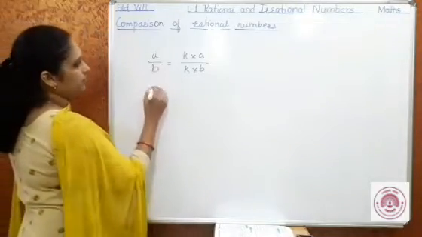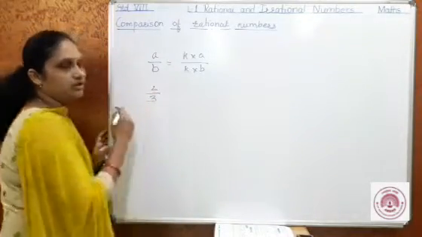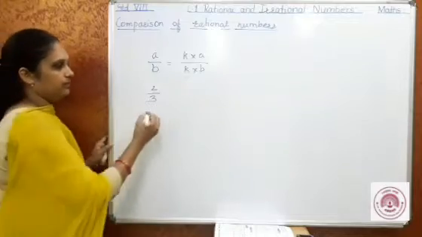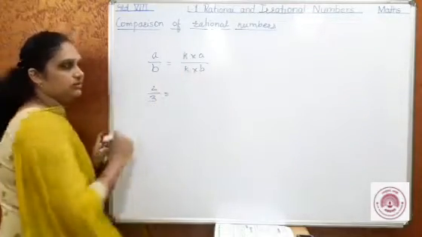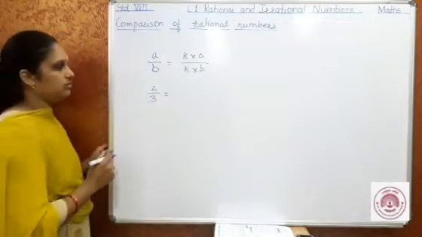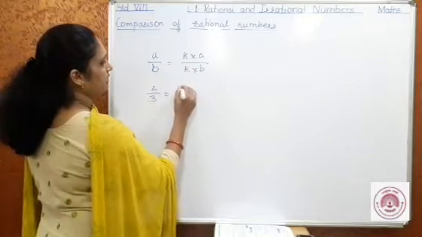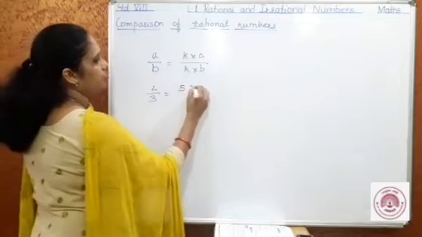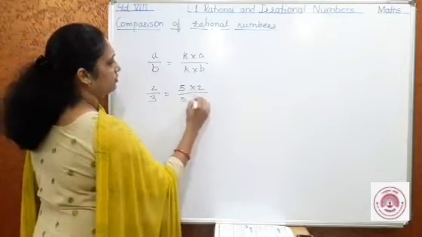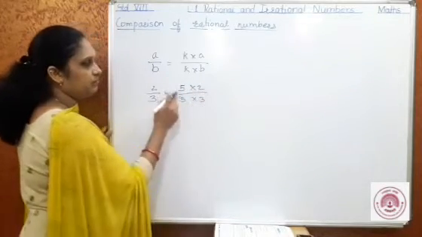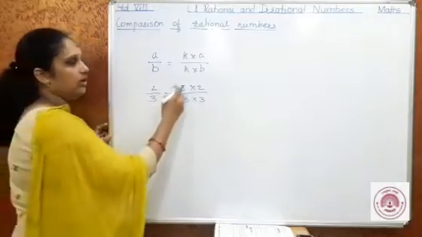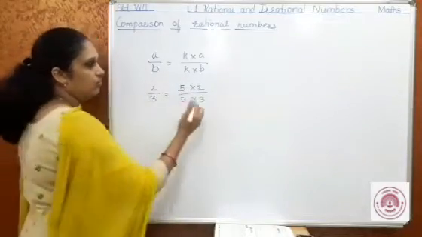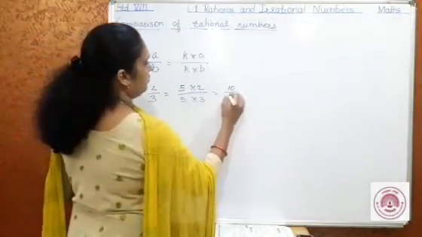Suppose I write 2 upon 3 and take a constant number, suppose 5. So 5 into 2 and 5 into 3. What number did I get? 10 upon 15.